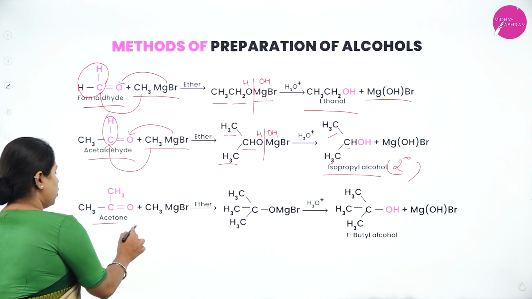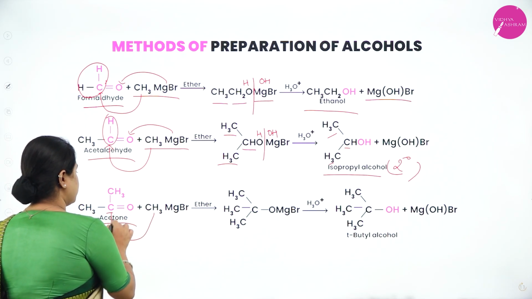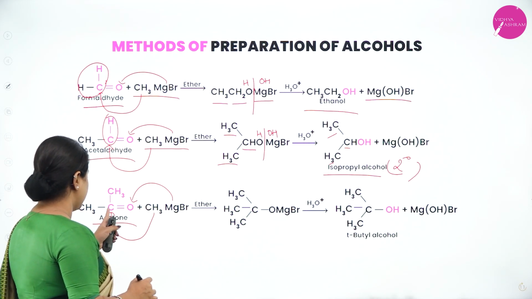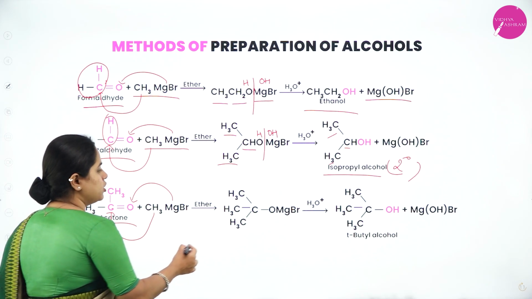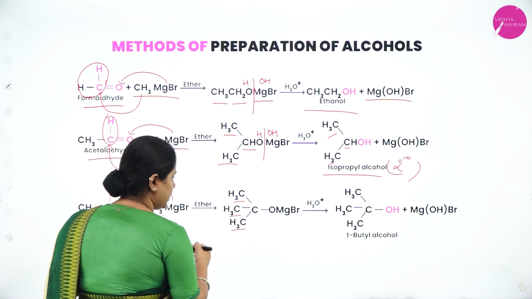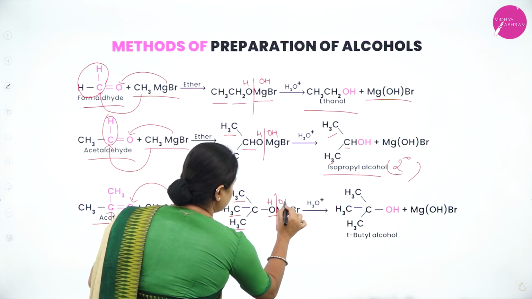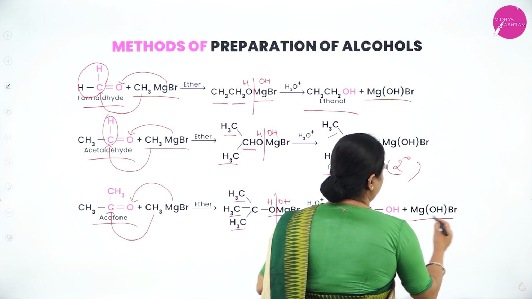Now we are taking a ketone here, CH3COCH3. Again, CH3 will be attached to this carbon atom and MgBr to this oxygen. To this carbon atom, two CH3 were already there, and one more methyl is added. So you are going to get (CH3)3C-OMgBr. Again, this undergoes hydrolysis, and you get H and OH. So you will get a tertiary alcohol and MgOHBr.